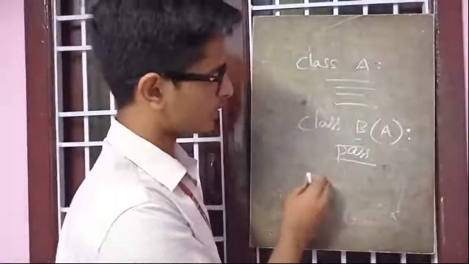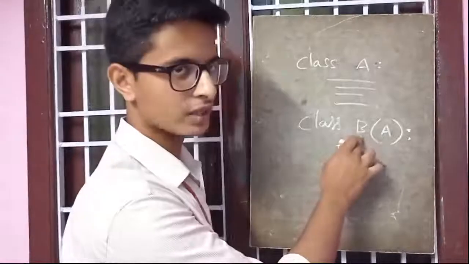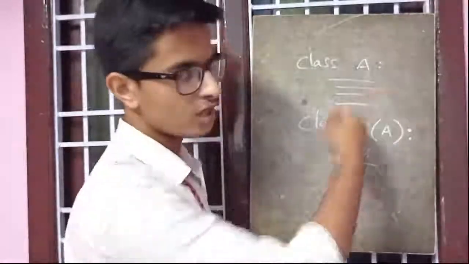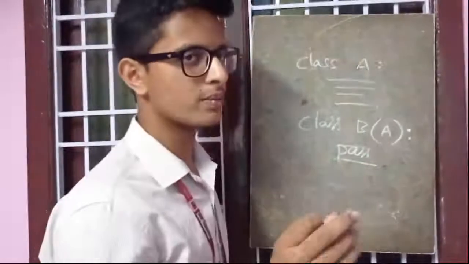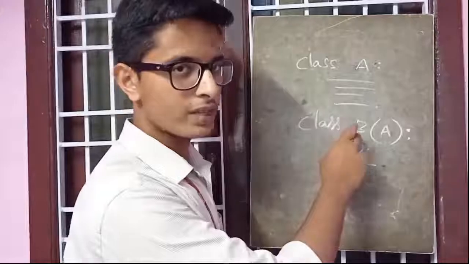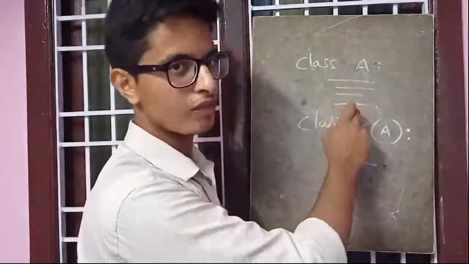That means we just simply declare an object for class B, and we can access all the methods of class A using the object of class B. This is the concept of inheritance. What is the basic definition of inheritance? Inheritance is nothing but defining a class which inherits all the properties and methods of another class.